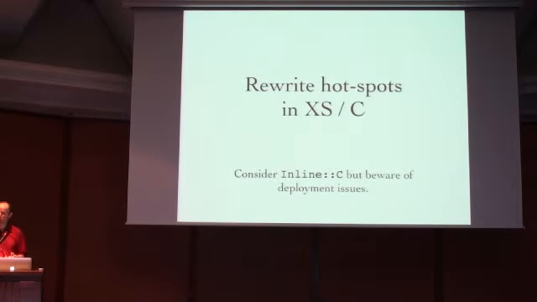Inline C is a great way of doing it. It's worth looking at that first. I've used that a couple of times in production code, and it's worked out very well. I've heard people say there are deployment issues, because effectively the first time the code runs, after each change, it fires up a compiler, and maybe you don't want a compiler running on the production system, but worth a look.